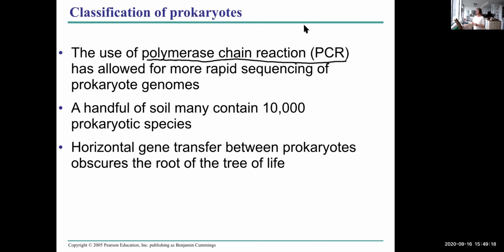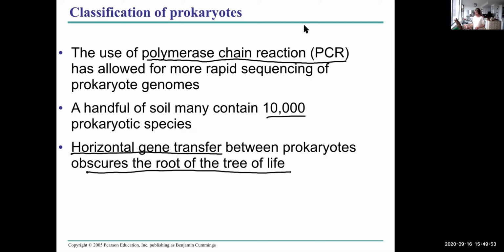So we know that there are many species, and the exchange of DNA via the pili is known as horizontal gene transfer. It kind of obscures the root of the tree of life of bacteria because they are exchanging DNA.